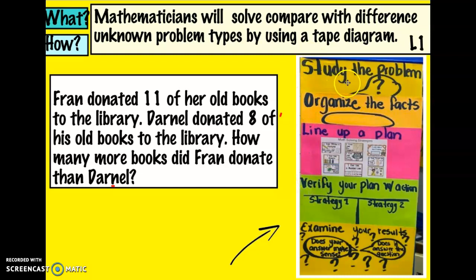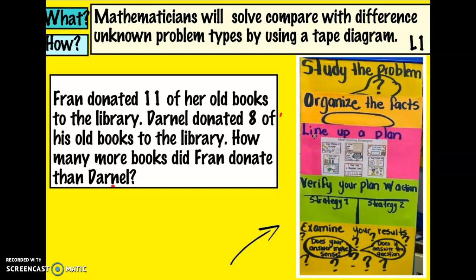First, we're going to study the problem. We're going to ask ourselves, what is this problem asking us to find? Step 2, we're going to organize the facts. We're going to circle every important fact. Then we're going to line up a plan.